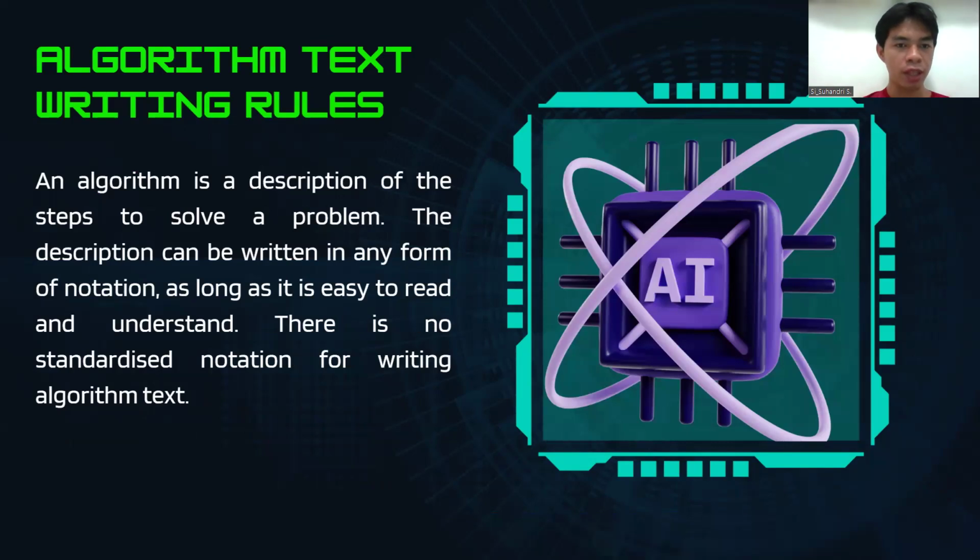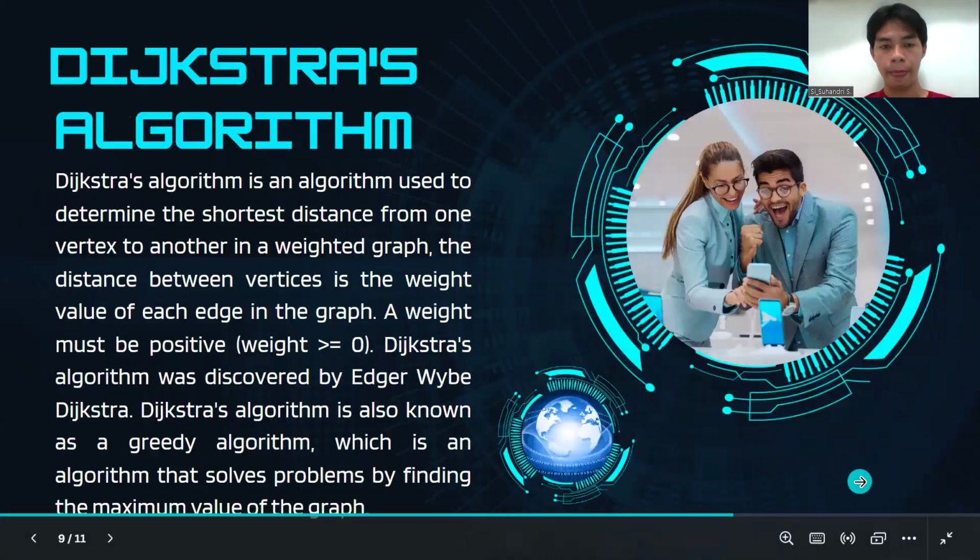An algorithm is a description of the steps to solve a problem. This description can be written in any form of notation as long as it is easy to read and understand. There is no standardized notation for writing algorithm text.